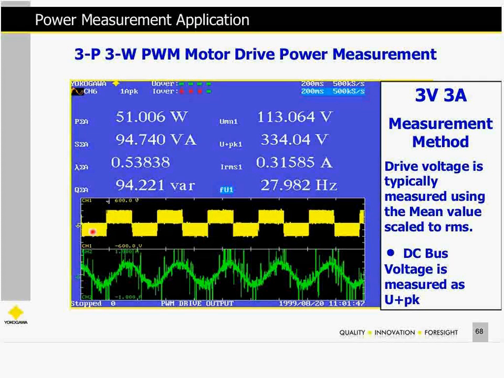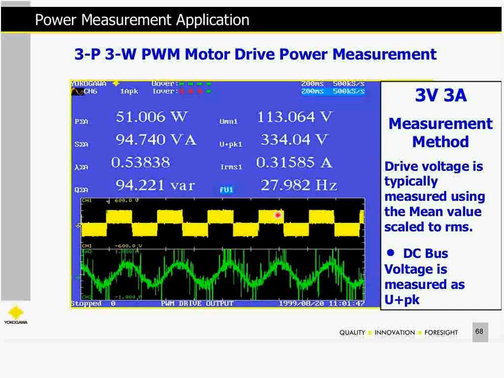It's a very hard measurement to do when looking at these types of waveforms. We've got a lot of switching noise on the currents, but we can look at the total power, total VA. The motor in this case was running about 28 hertz.